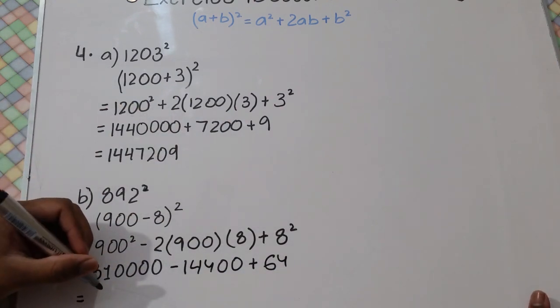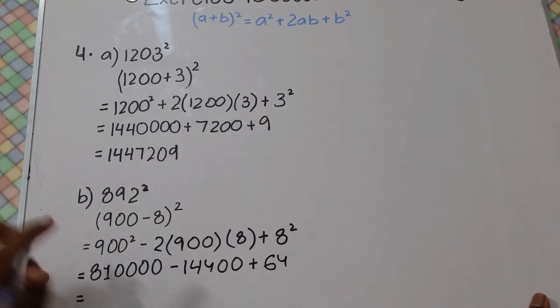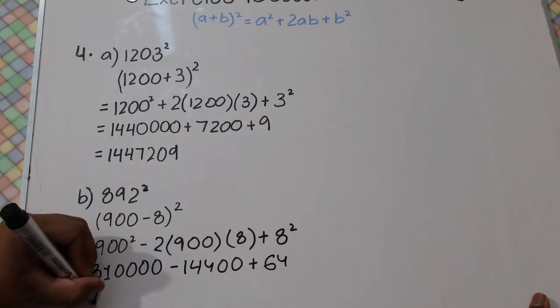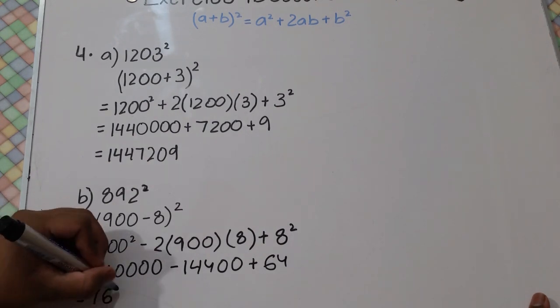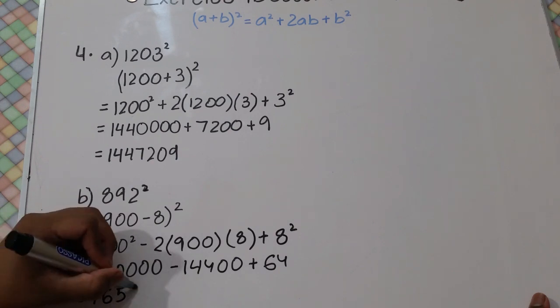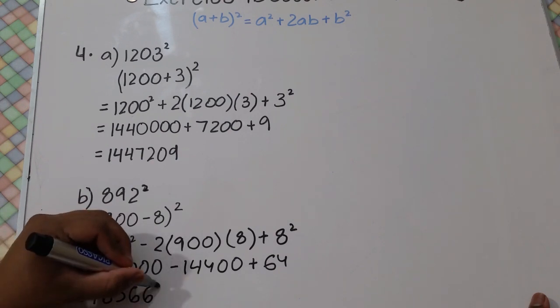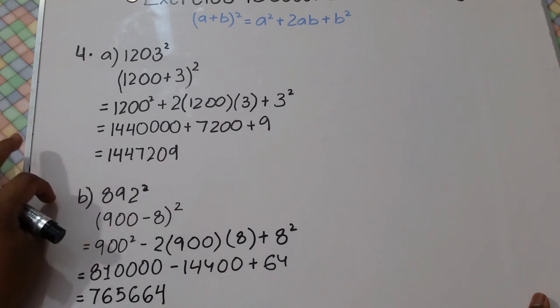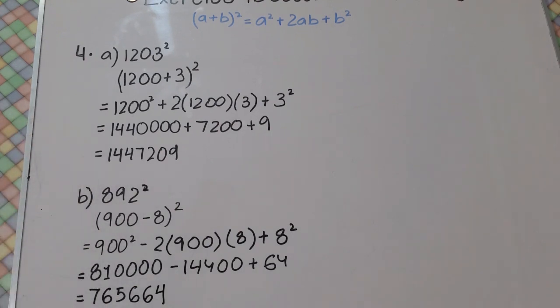Now if we subtract, it would become 795,664. So this would be the value. This was part B.